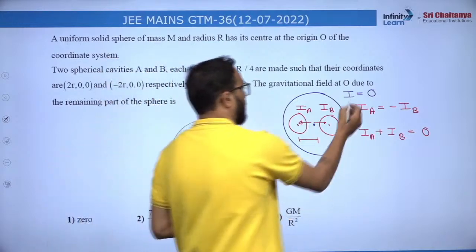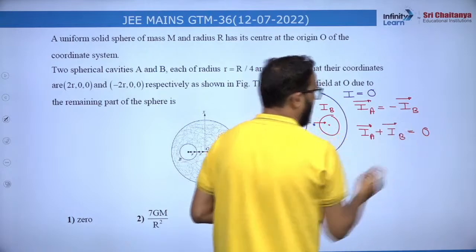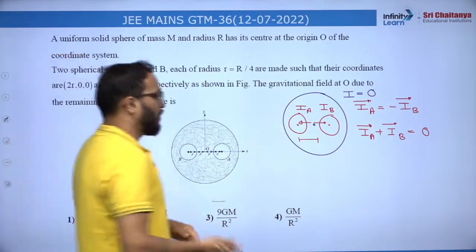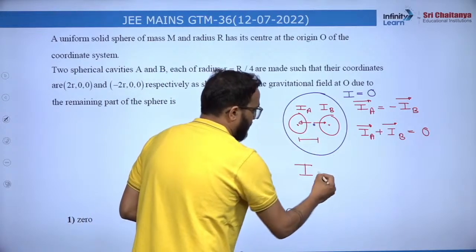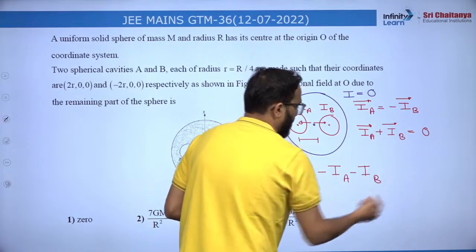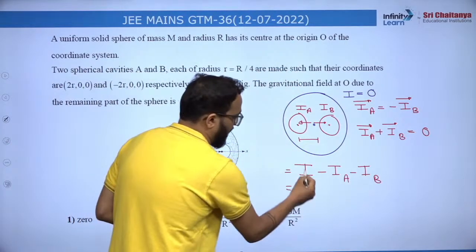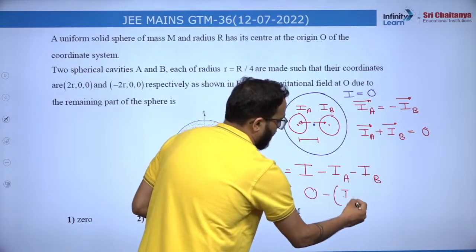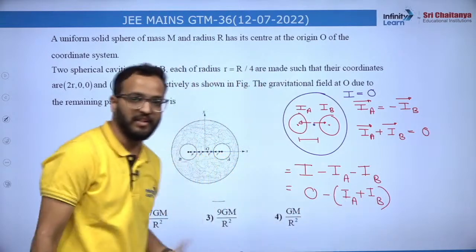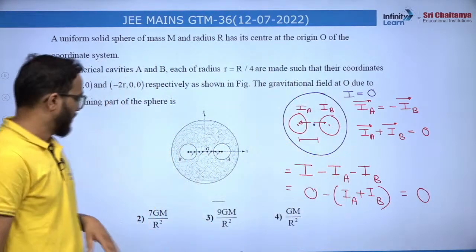They are going to cancel each other out. So what is the net field here? You will say, sir, I minus IA minus IB. This is the net gravitational field now. What is I? It is 0 minus (IA plus IB), and IA plus IB vectorially is also 0. So what is the answer? 0.